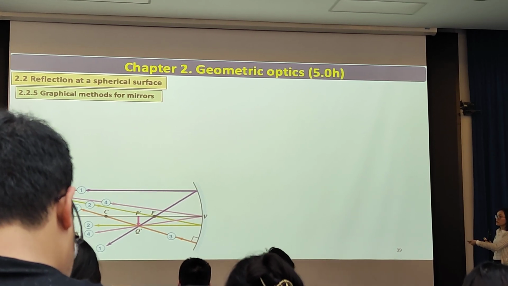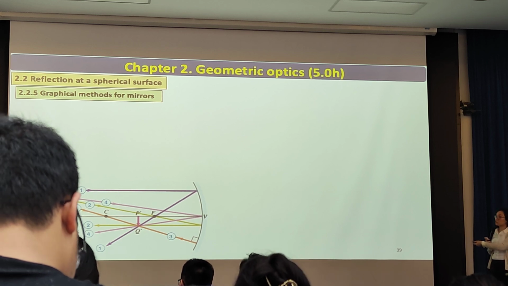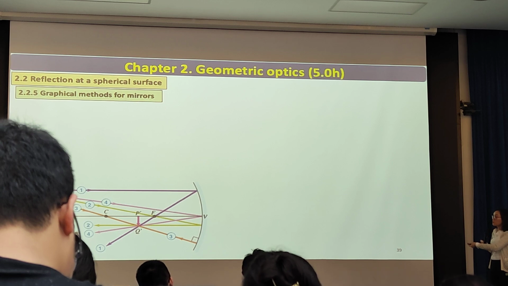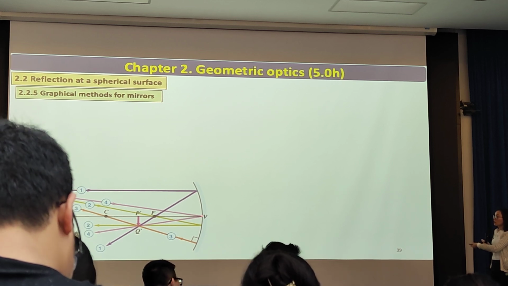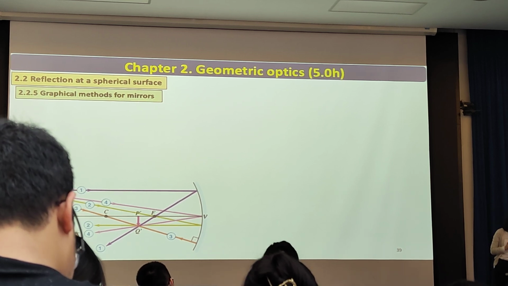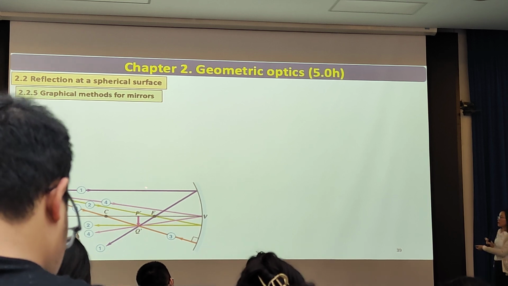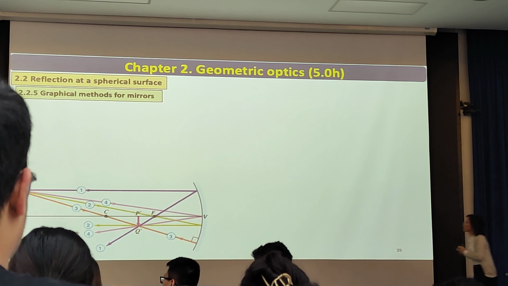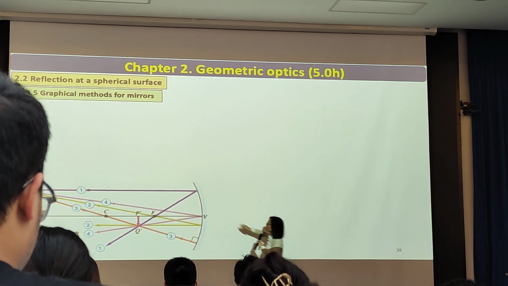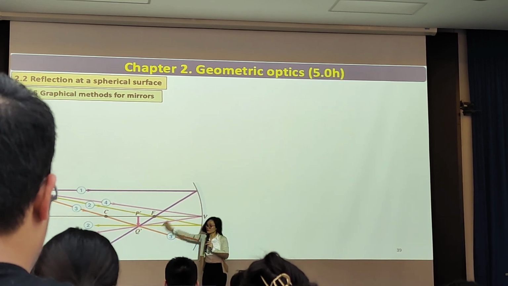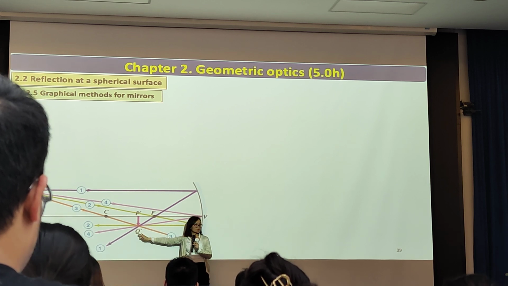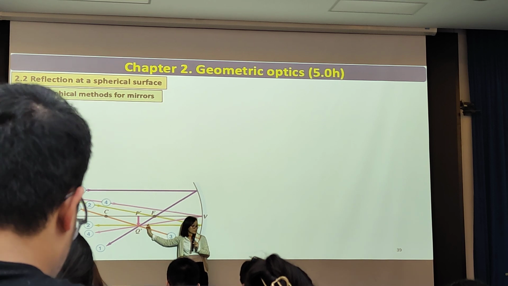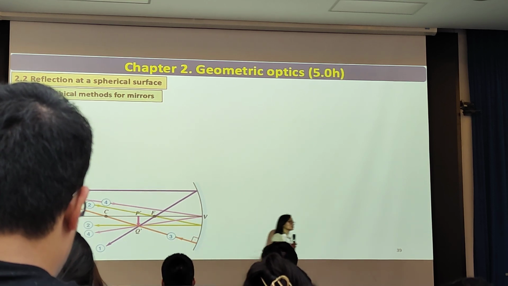The first incoming ray is parallel to the optic axis. It reflects through the focal point. Okay, good. The second ray, please.